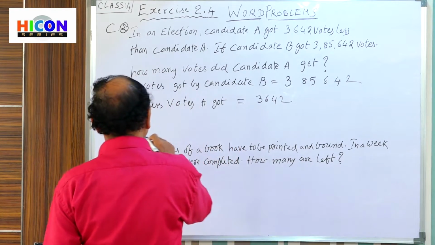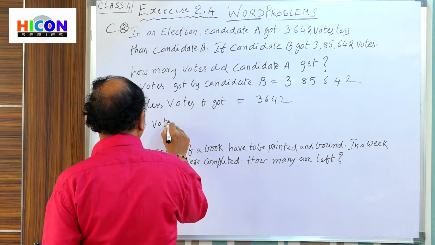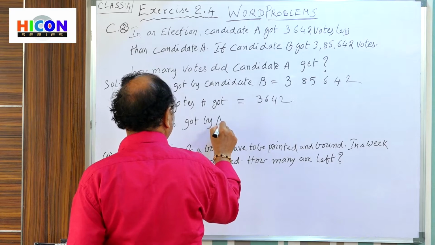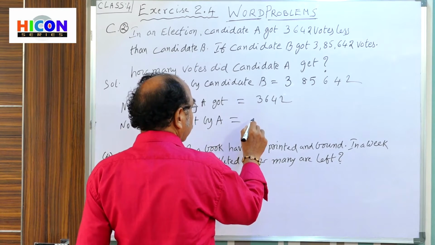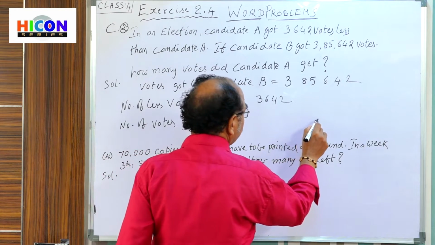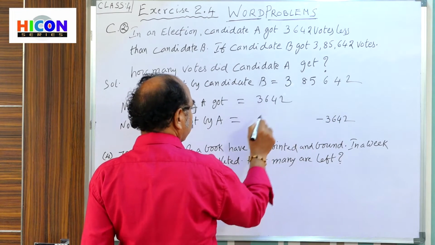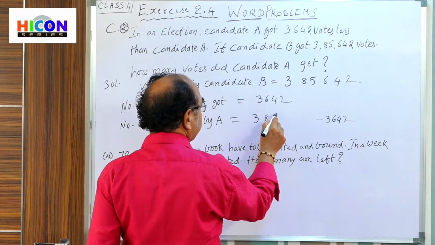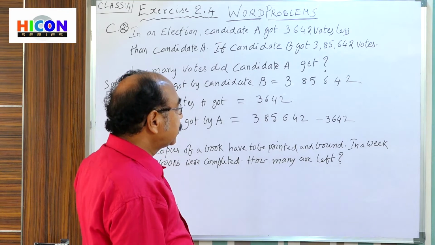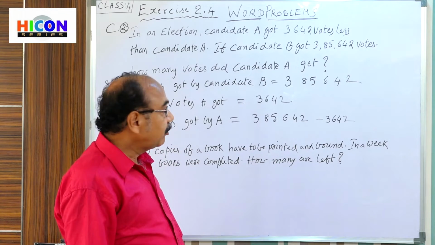So here we write, number of votes got by A is equal to 3,85,642 minus 3,642.